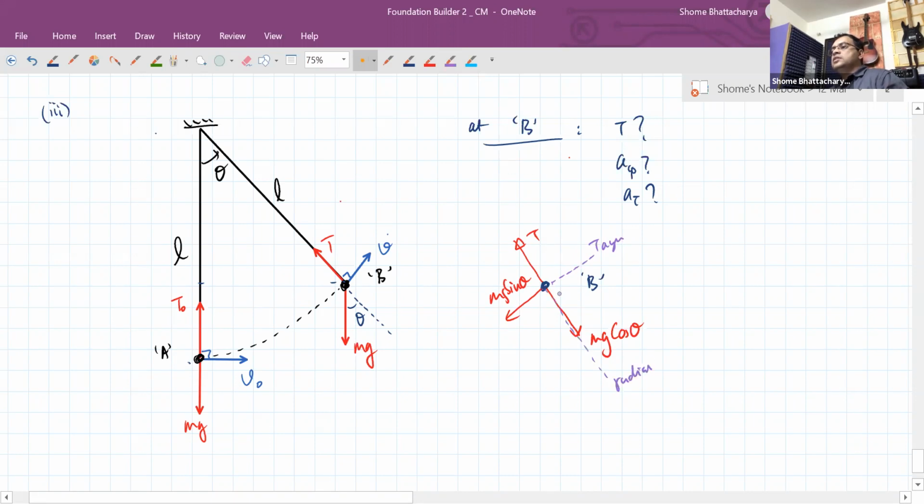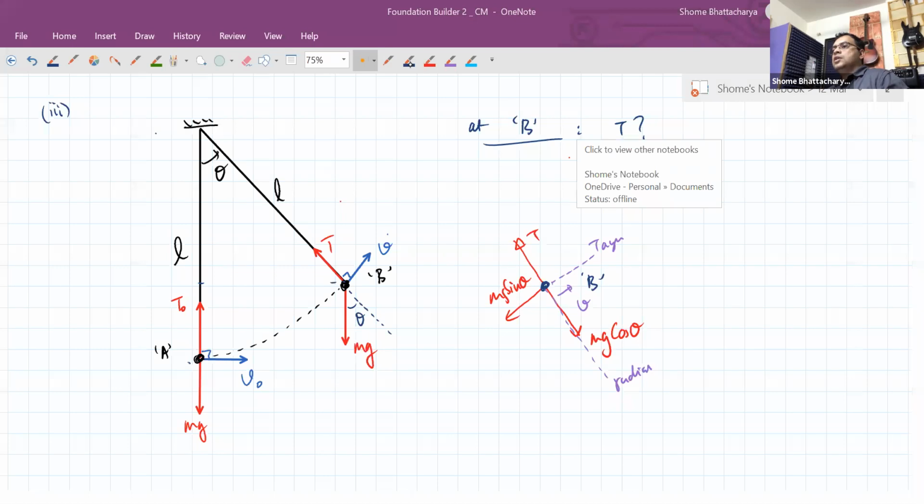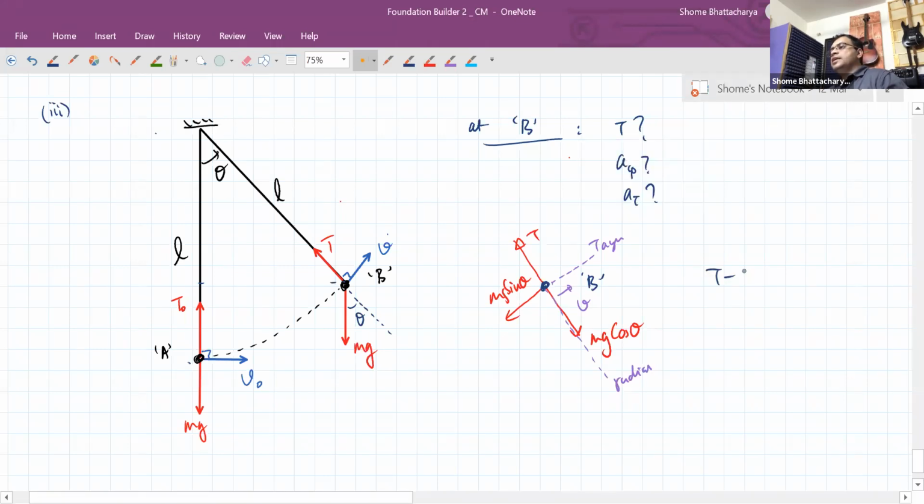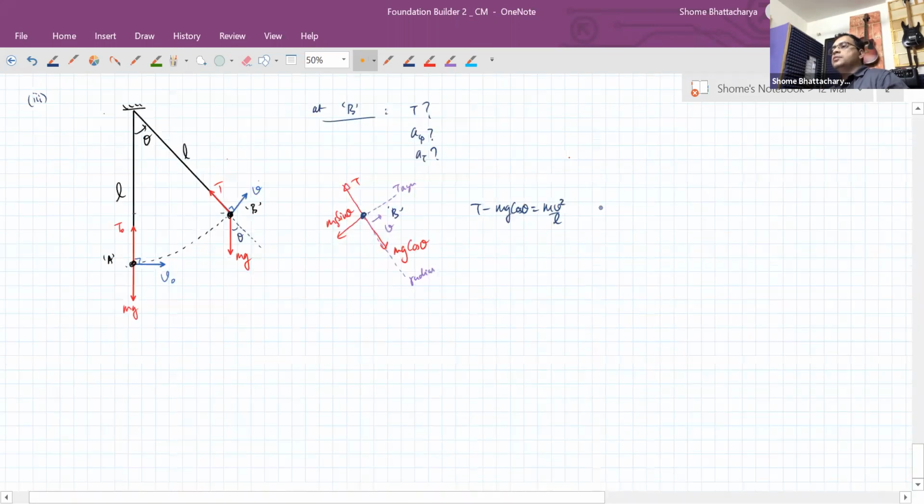And we have just found out the value of V. Yeah, so I'll just verify the value. So T minus mg cos theta should be equal to mv square by L. Right? So this is our centripetal force equation.